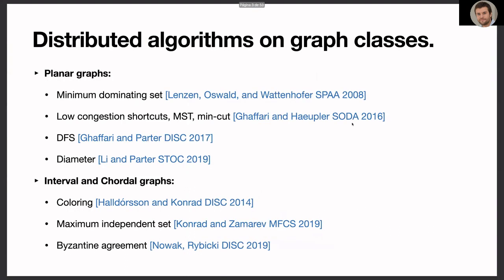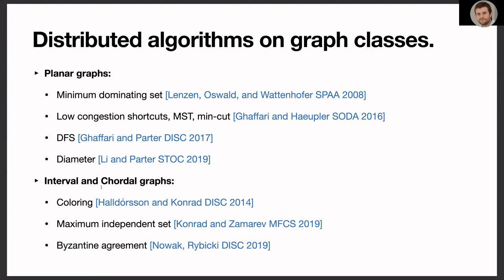In fact, there are many of these classes, and many of them are used in distributed algorithms. Today we already heard about that, but I want to mention some examples for planar graphs, like for finding or approximating minimum dominating sets, MSTs, minimum cuts, computing fast DFS or computing the diameter quite fast.